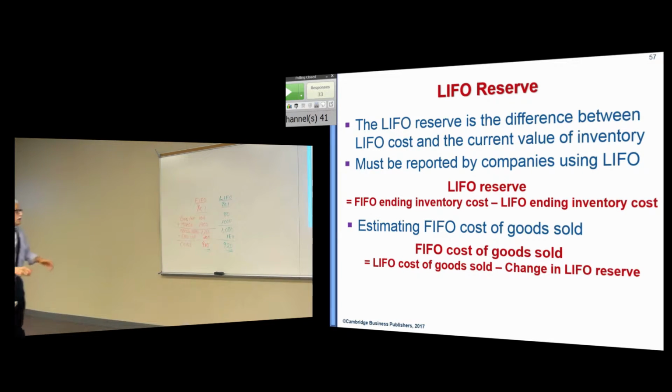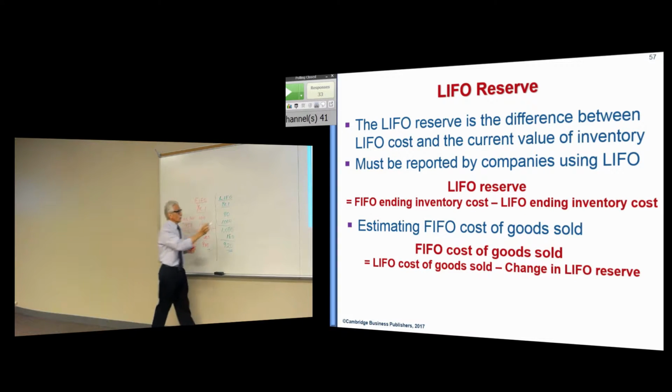Now, if you are a financial analyst, you're only seeing the LIFO numbers. But what I can do to help you in a footnote, now again, you don't see the FIFO numbers. So now you're General Motors and you are Ford and you're using LIFO.